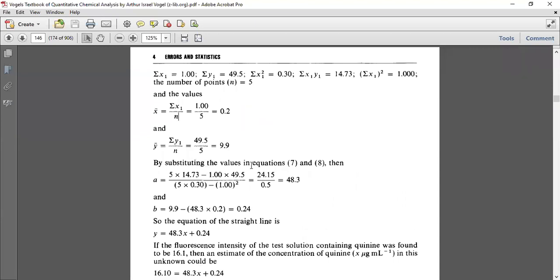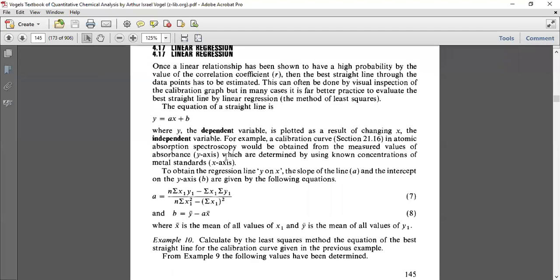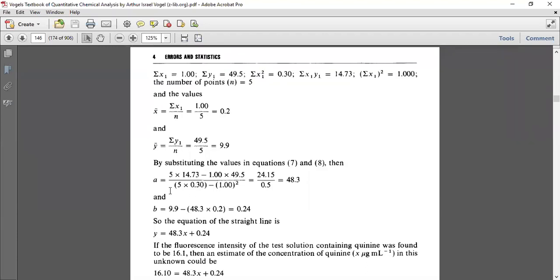So by substituting the values in equations 7 and 8, whatever x bar and y bar we got, we substituted all these values in the given formula. The formula for a is n into summation of x1 y1 minus summation of x1 into summation of y1. So look, here the value that comes is a is equal to 48.3. Now we will calculate b.